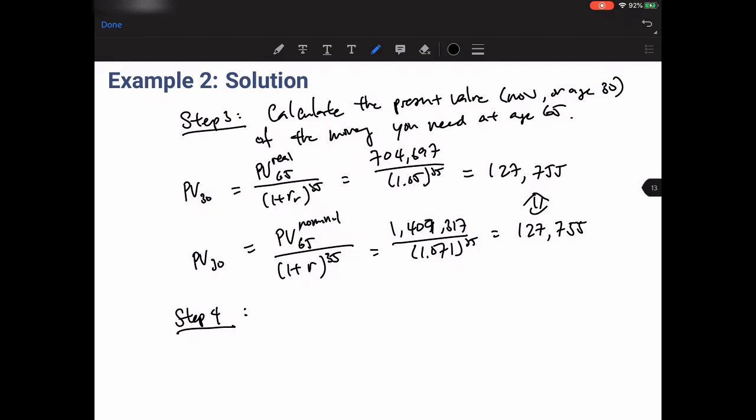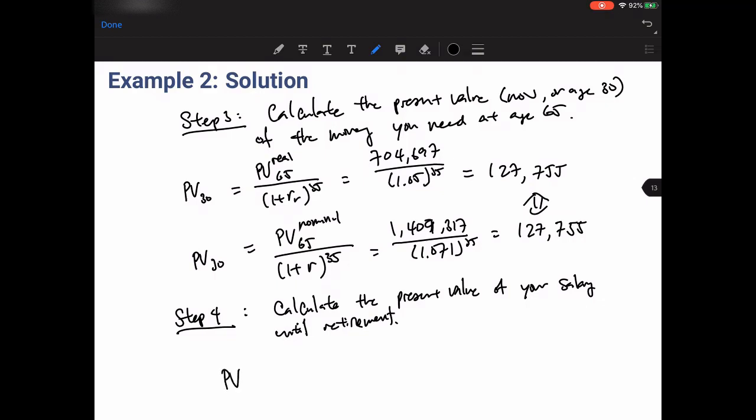We're going to calculate the present value of your salary until retire. And that's just the present value of our salary. So I'm going to write that in parentheses next to the salary. So present value all the way to age 30, and that's equal to $75,000 every period.